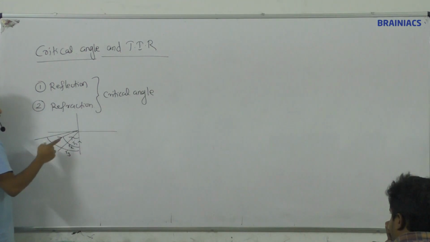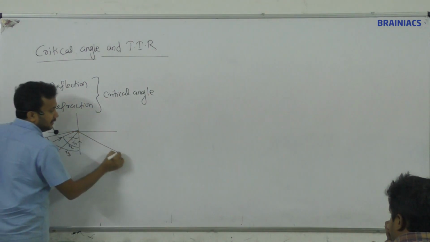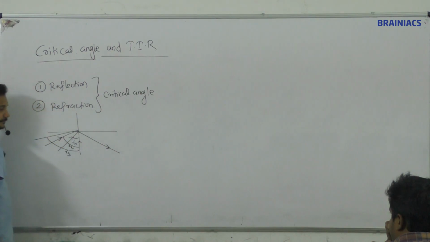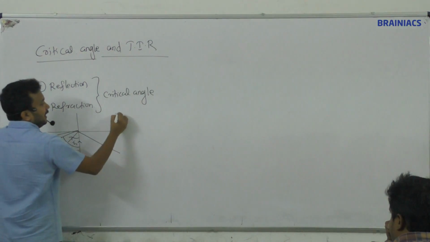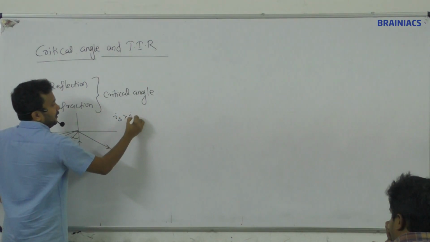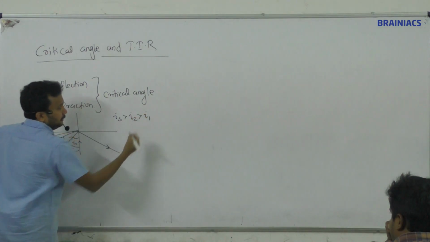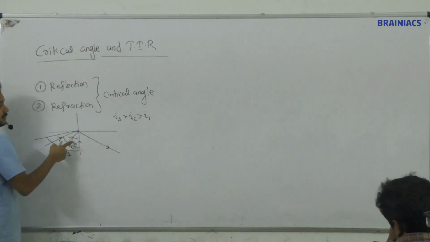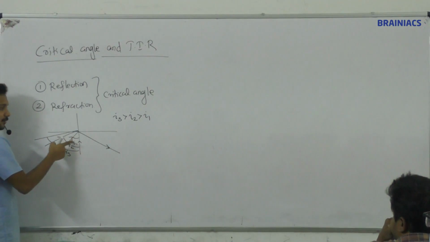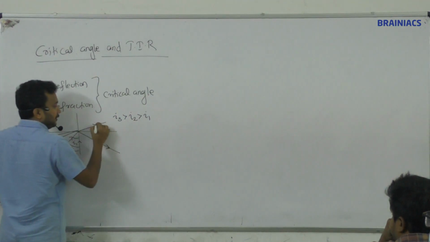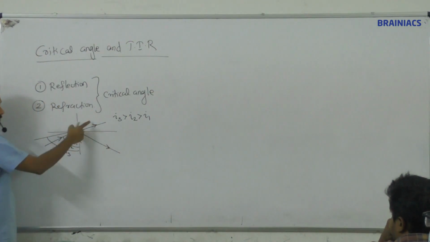So if you are increasing the angle of incidence beyond a certain value, then what will happen? Here I know I3 greater than I2 greater than I1. Correct. So I1 is the smallest angle. If you give I1, then there is refraction.